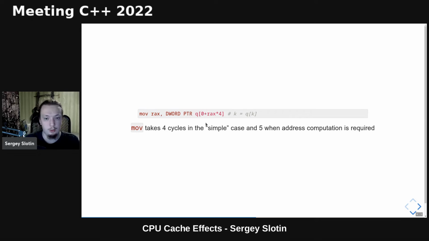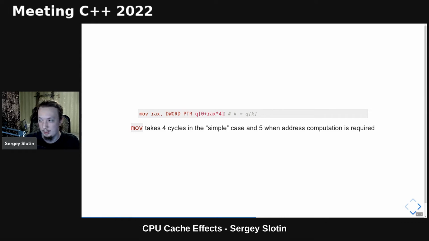The latency of an L1 fetch is either 4 or 5 cycles, the latter being the case if we need to perform a complex computation of the address, like we do in this benchmark. And this is a typical situation, not just for these CPUs, but for many others.